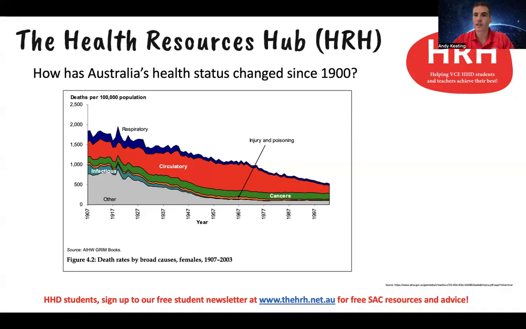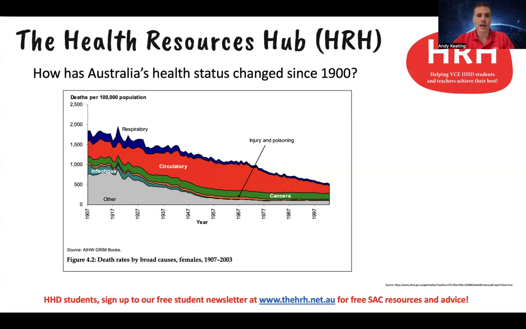So the difference between 750 and 1300 is approximately 550. That means when you're looking at circulatory conditions and deaths per 100,000 population, you're looking at that approximate 550 per 100,000 deaths in 1937. So that's how you read these kinds of graphs.